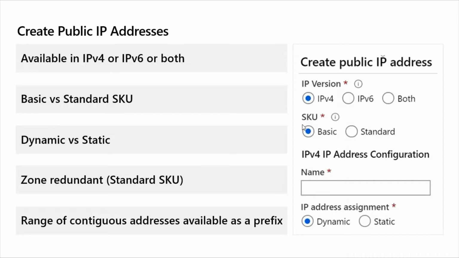The same goes for load balancers: there is a basic and a standard, and standard provides more features, so again you have to choose the standard SKU. So you should know the difference between basic and standard. Also, with the standard SKU you get a static IP address by default. In basic, you can choose dynamic or static.